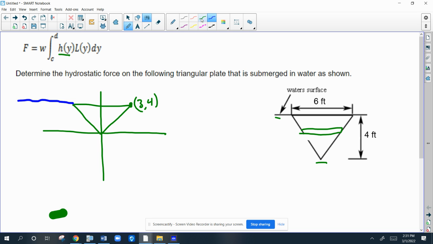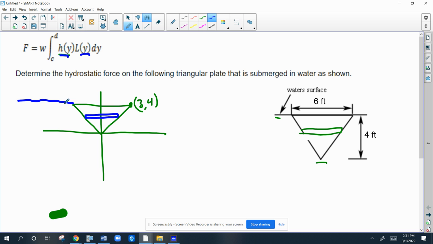And here's my representative rectangle. So all you really need to do is figure out the depth of that and the length of that and then integrate it along the entire surface. So let's start with h of y.